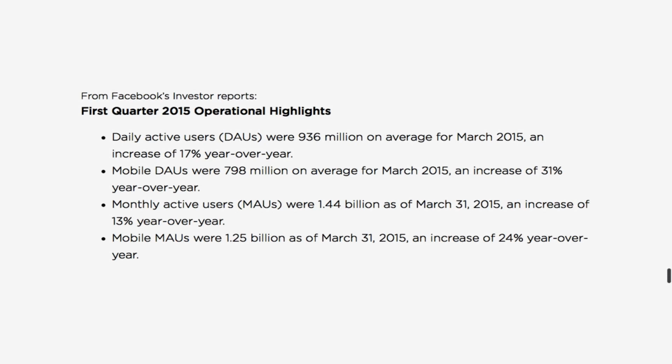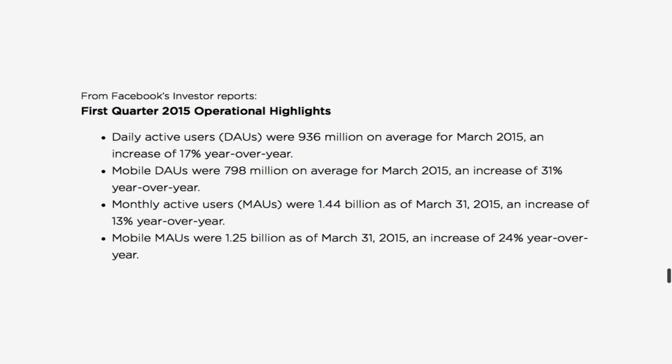So first of all, the number of daily active users on Facebook. This is the number of people that actually log in on any given day. Was 936 million. This is in March of 2015. That's an increase of 17% from the same month in 2014.